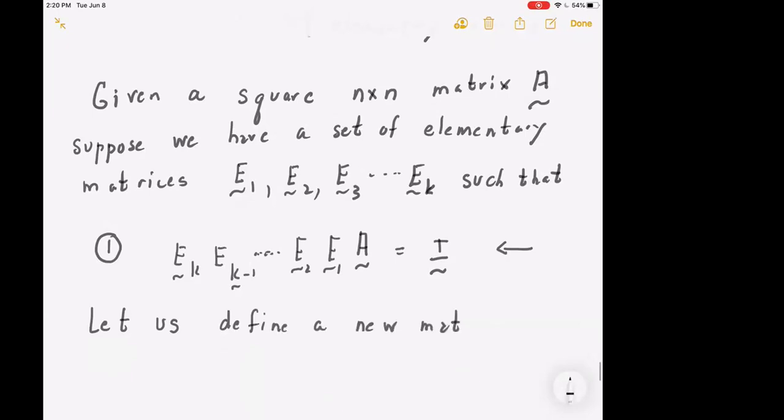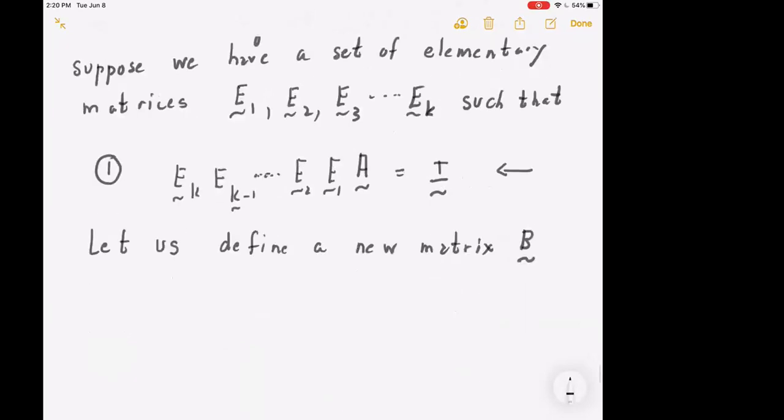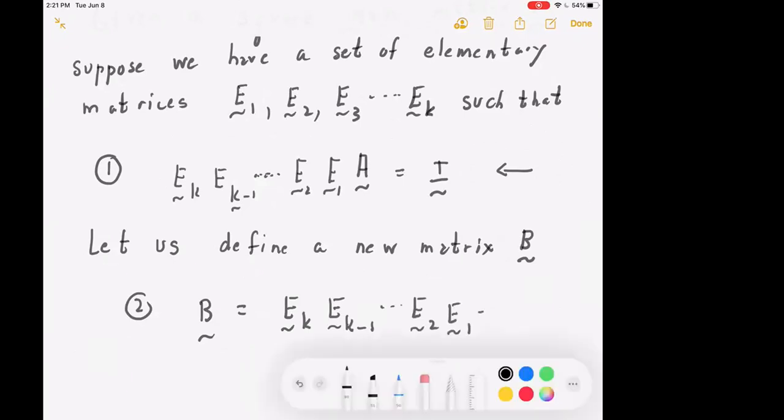And let's call this new matrix B, where B is simply the product of my elementary matrices. And again, I don't know how many of these I needed to satisfy equation 1, so that's why I just write it in the most general form.